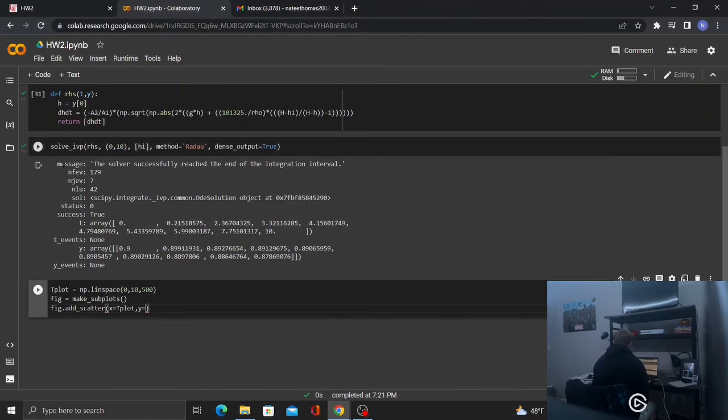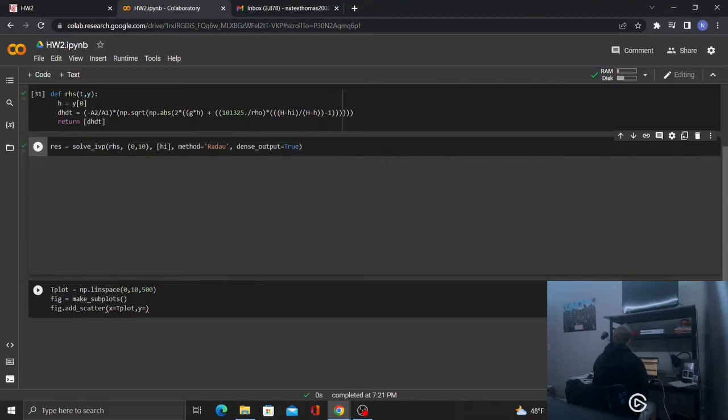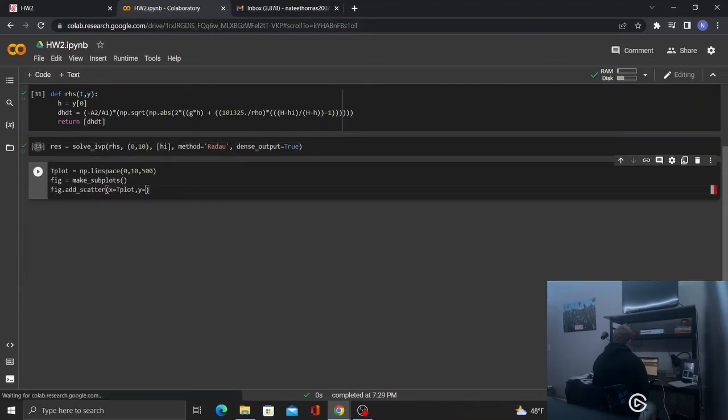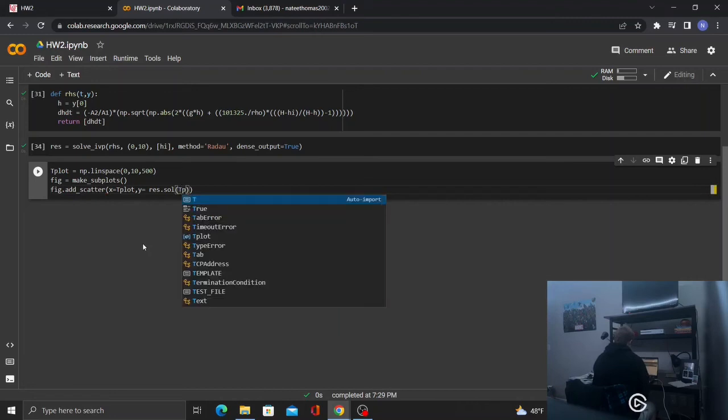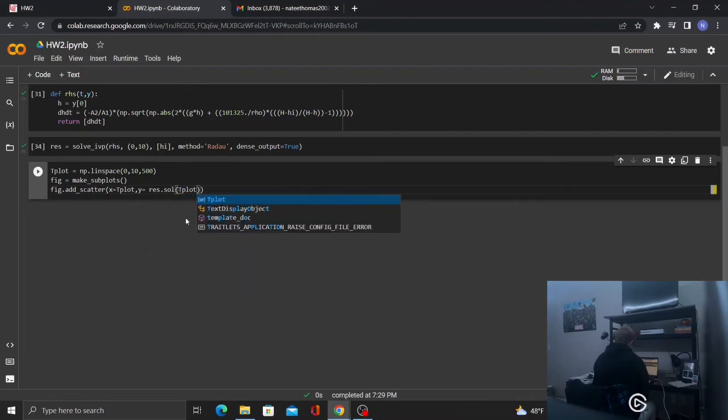How we're going to do that is use our solve IVP function, which is giving us those answers. We're going to call it res. And then our y values will be the res solutions at our t-plot values. And again, this will be an array, the first index.